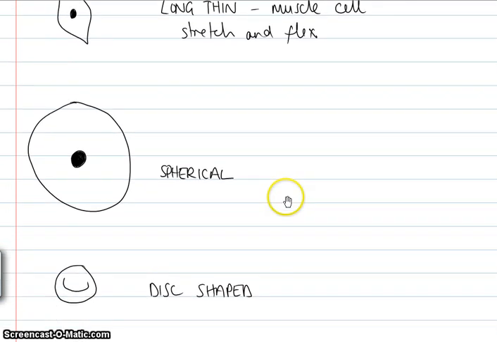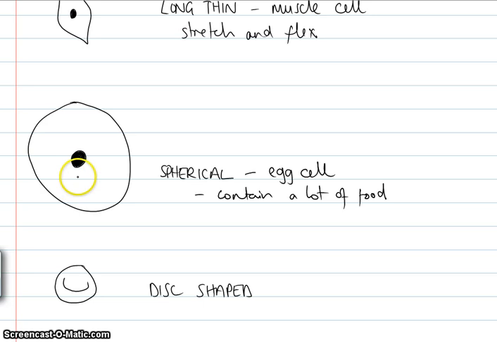This one, the spherical cell, is an egg cell. It's spherical so that it can contain a lot of food. That is its main job. Of course, it also contains the DNA from the mother, but it's the shape so that it can contain a lot of food.